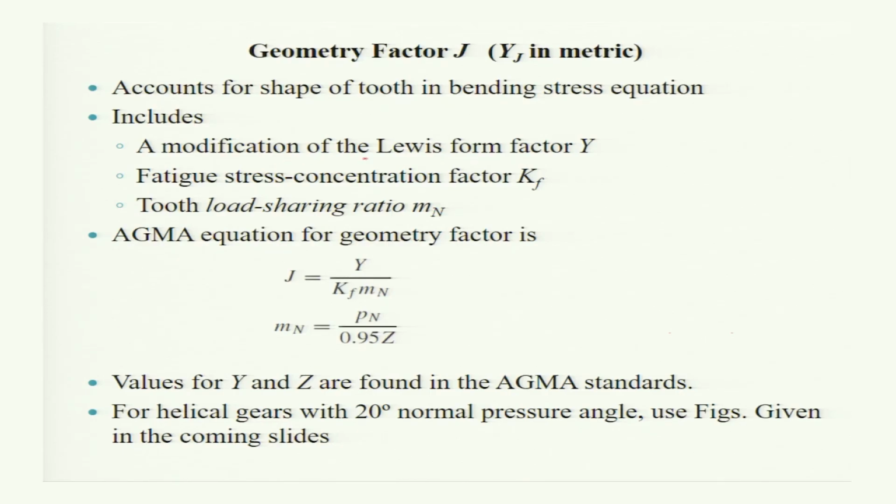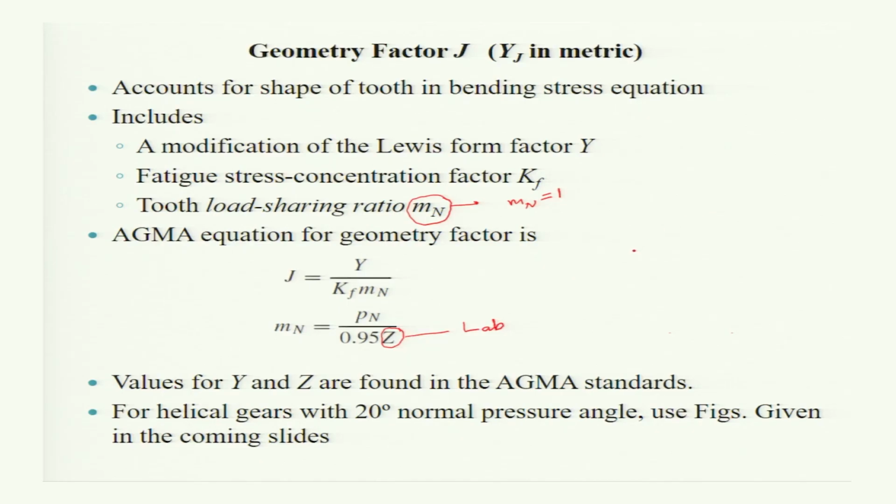It includes a modification of the Lewis form factor Y, the fatigue stress concentration factor Kf, and the tooth load sharing ratio Mn. In the case of spur gear, we found that Mn was taken as 1. But for the helical gear, it will not be 1, but equal to Pn divided by 0.95 Z, where Z is also called LAB, the length of contact along the line of action.